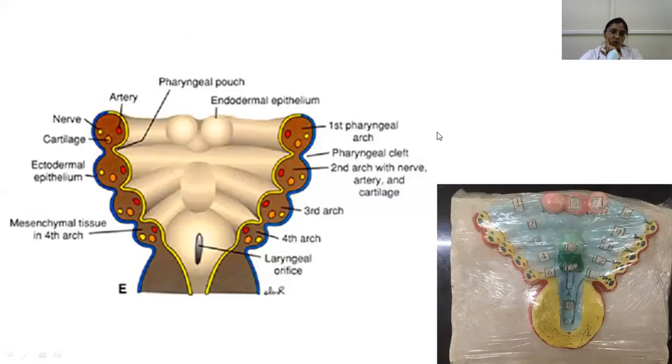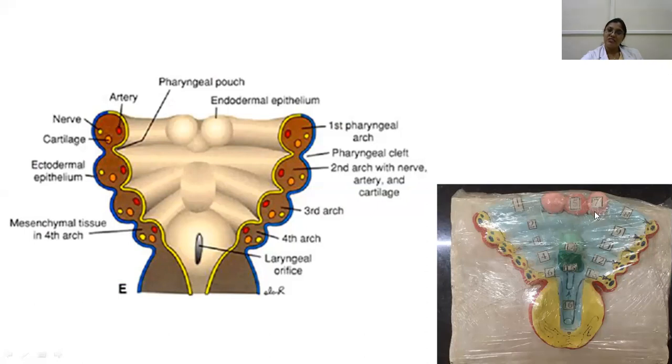So same thing here. And then here, this is again important both in theory and in practical. Here you can see the floor of the developing pharyngeal arches, especially the floor of the pharynx. You can see all these colors. Yellow is all the mesenchyme. The red one is the ectodermal lining. This is all endoderm, so you're looking at the floor.